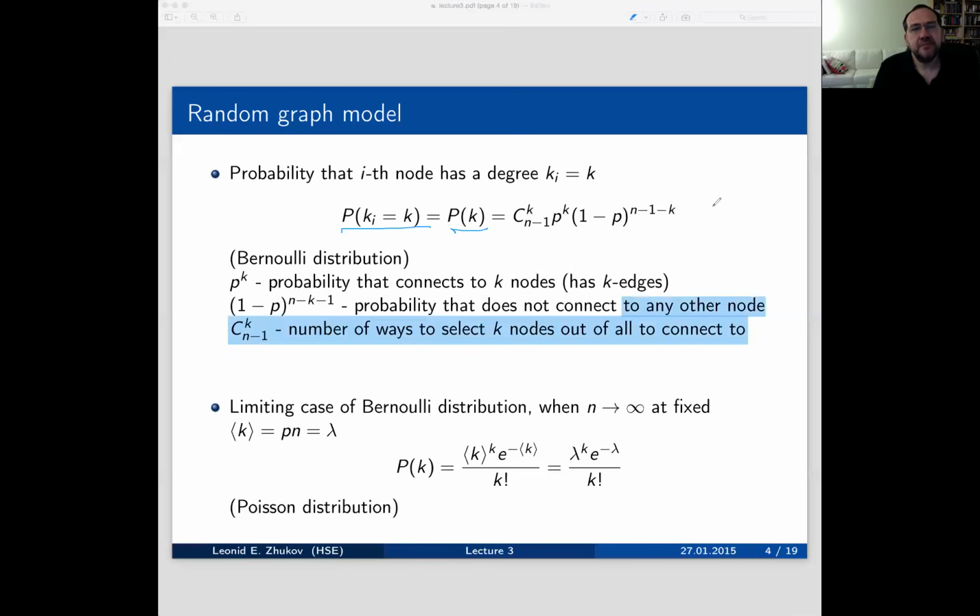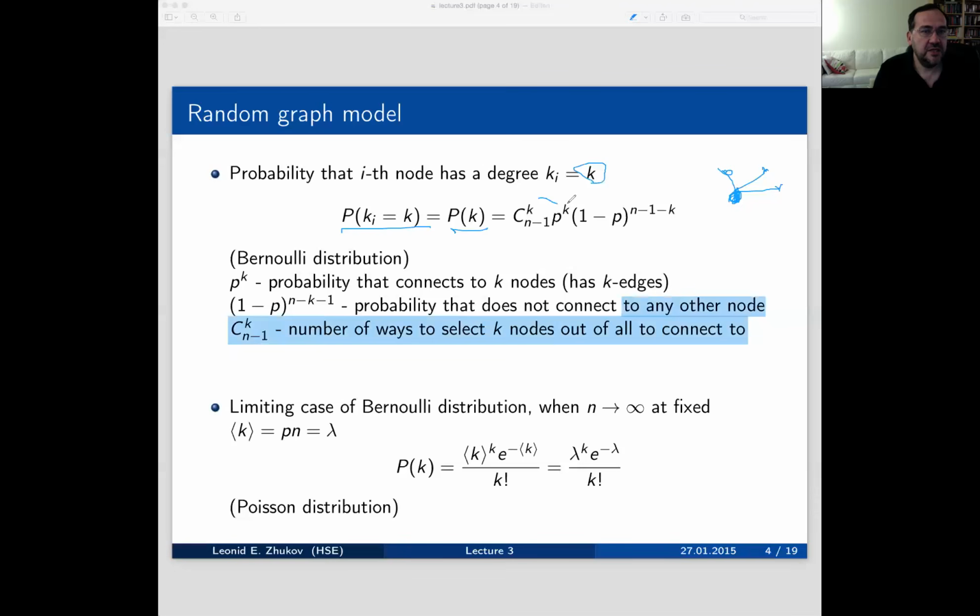It's exactly the same idea. We have a node, and we're trying to calculate the probability in this random process that the node has k neighbors. A node has a neighbor if it is connected to this neighbor, and the probability for a connection is p.